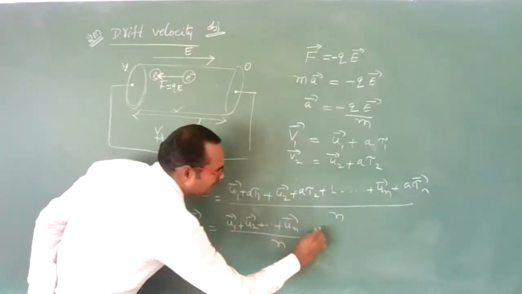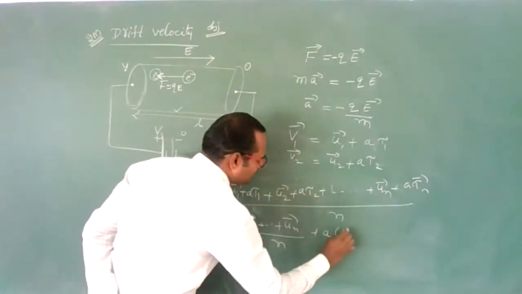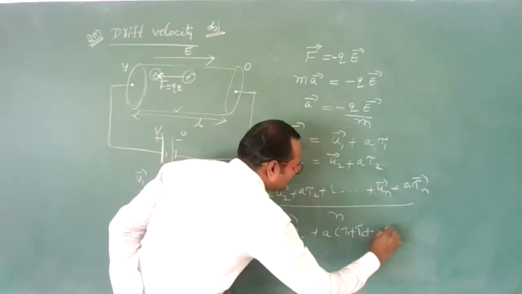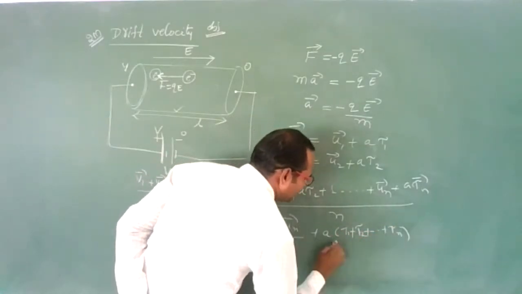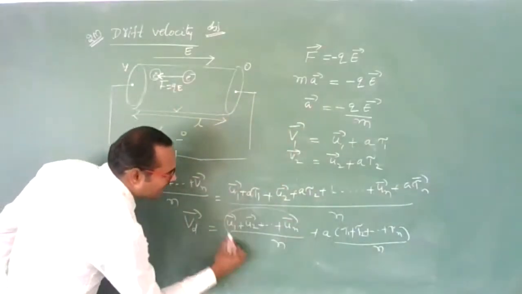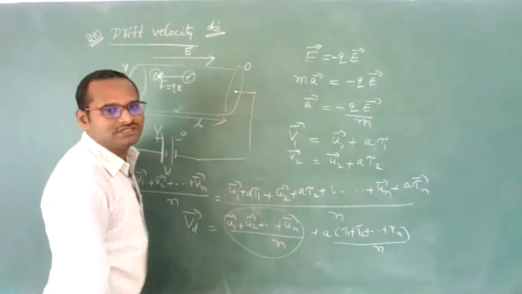Plus, taking a common, (tau1 + tau2 + and so on + tau n) divided by n. Students, as you know, the first term is the average thermal velocity, which will be 0.